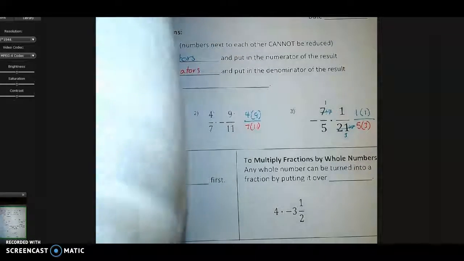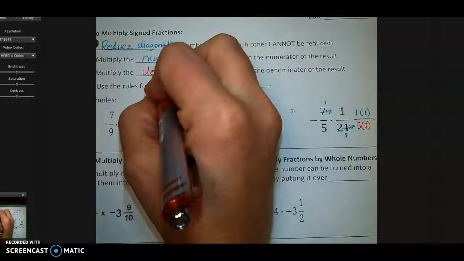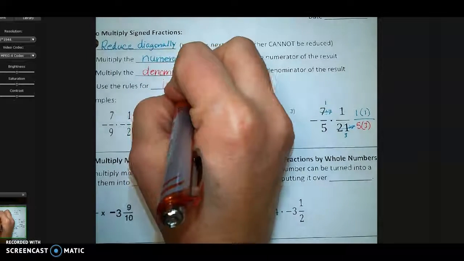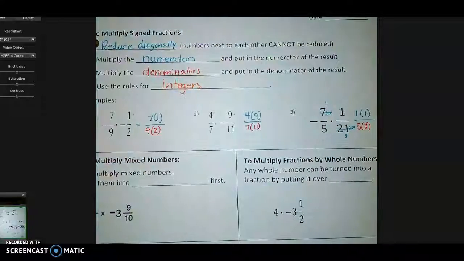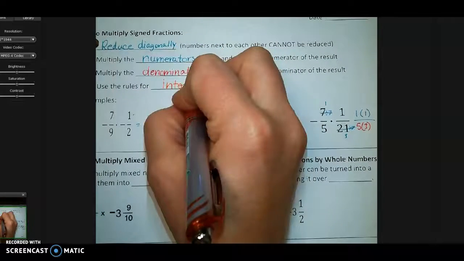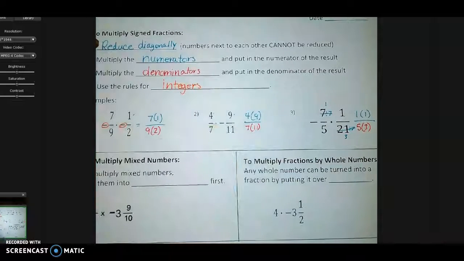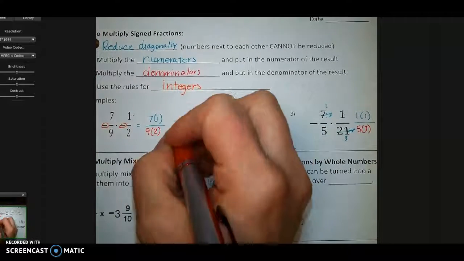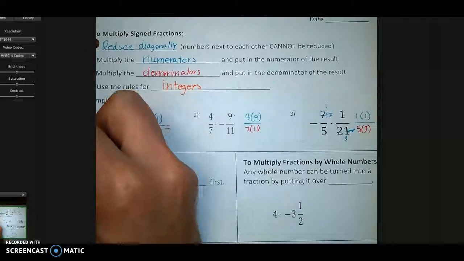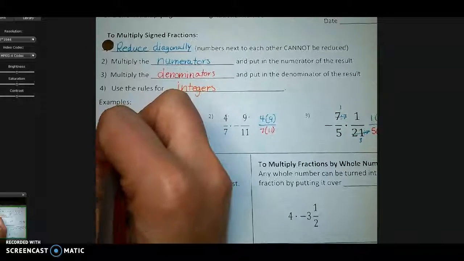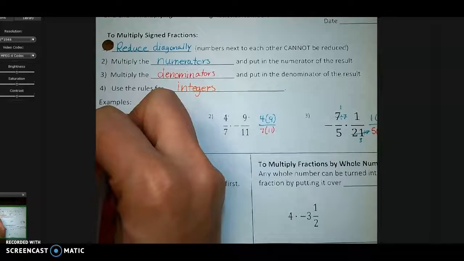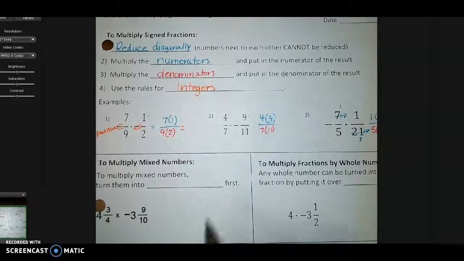I then want to use the rules for integers. One of the big rules for integers is that I'm going to count. There's 1 negative, 2 negatives. So since I'm multiplying a negative times a negative, I'm going to have a positive answer when I get to the end.